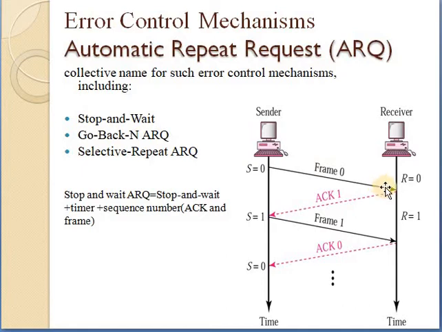Frame number 0, or data 0, is sent by the sender. At that time the receiver receives that frame and gives the acknowledgement to the sender. Here acknowledgement 1 is sent to the sender. After receiving the acknowledgement, the sender sends the next frame, that is frame 1. This is the main concept of the stop and wait method.